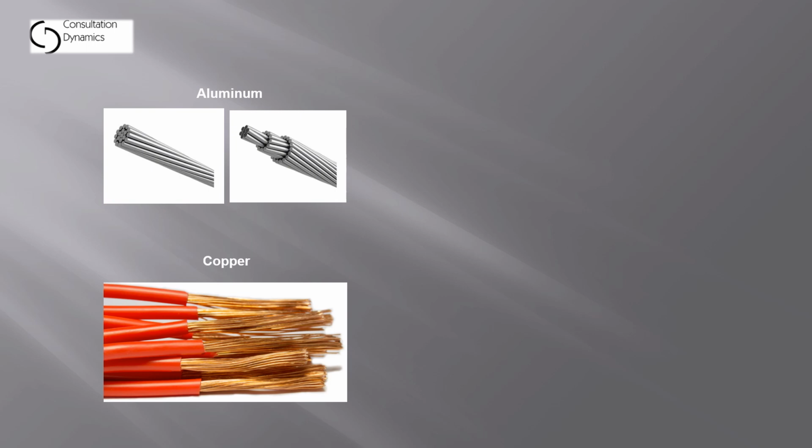When we consider aluminum and copper as conductors, aluminum is usually used in the transmission of high power over long distances because the aluminum product is strong enough to be strung over long distances on high power lines without having multiple towers to support it.